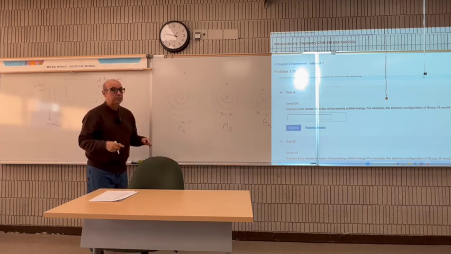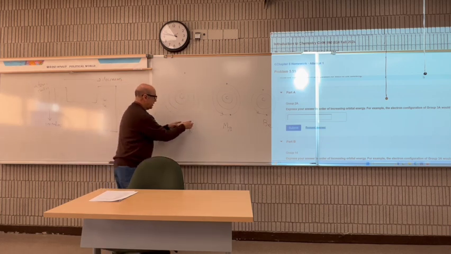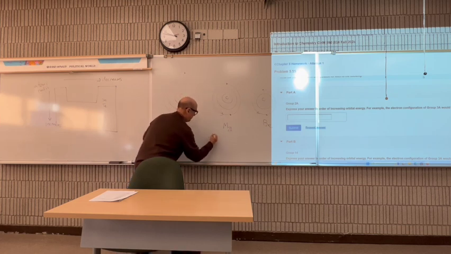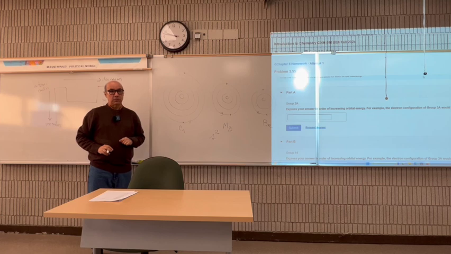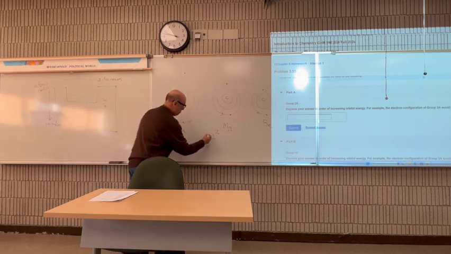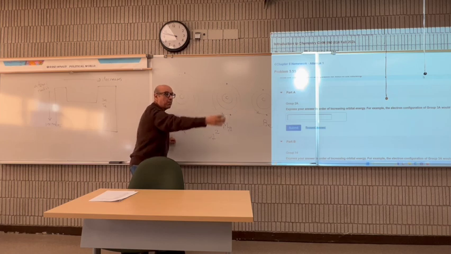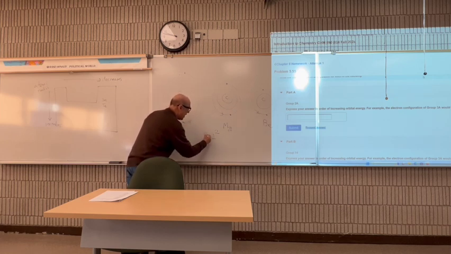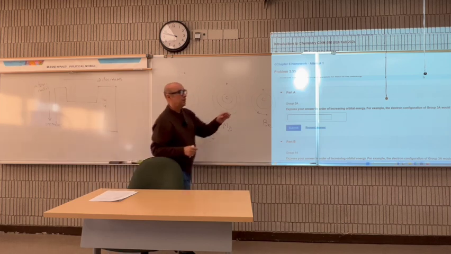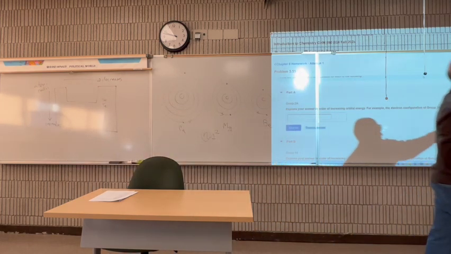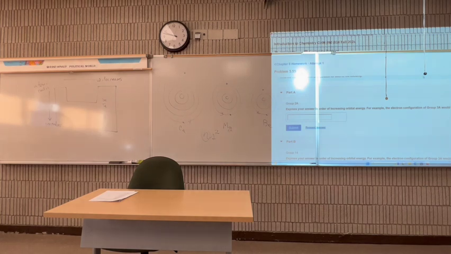So all of them share the fact that they have 2 electrons on the S subshell. But we cannot write a number here because they're looking for all of them combined. Does that make sense? That's why they're using an n. The n means any number between 1 and 8.